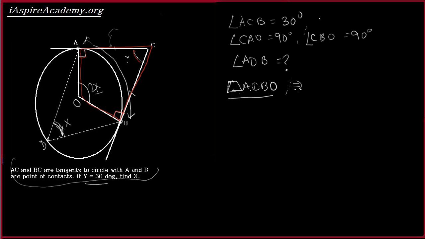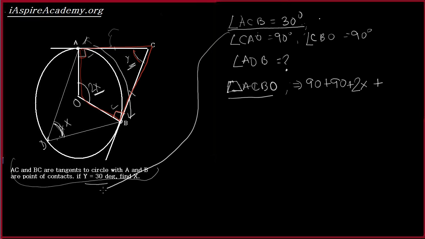All angles put together are 360 degrees. So we know this angle, 90, plus we know this 2x, plus we know y. Now y, ACB, we are given as 30, and the 90 at the other tangent makes the total equal 360.